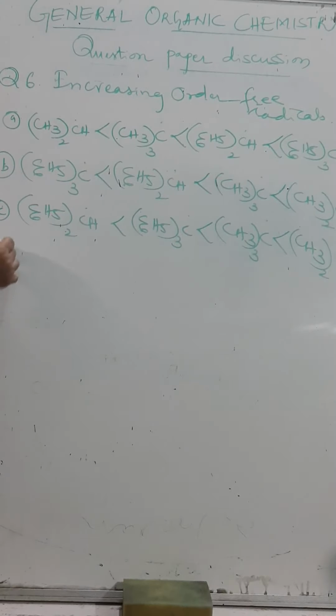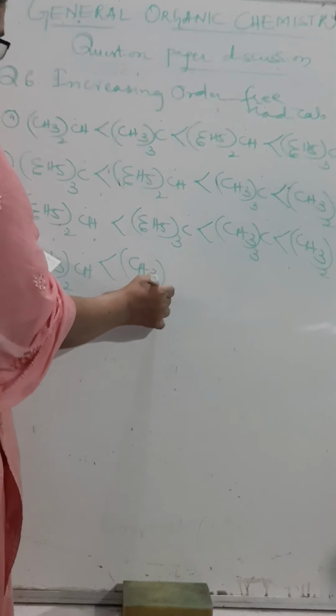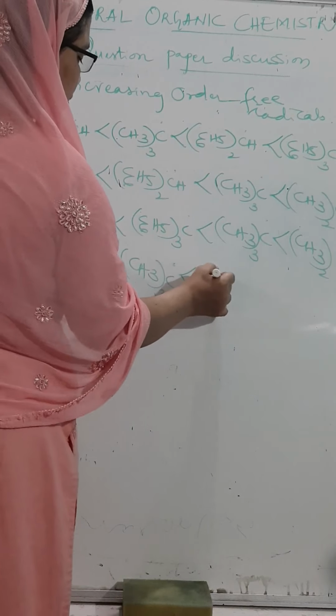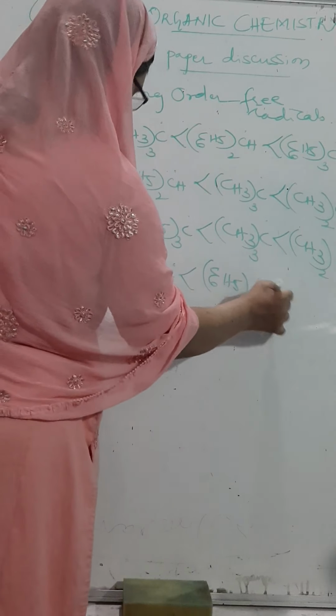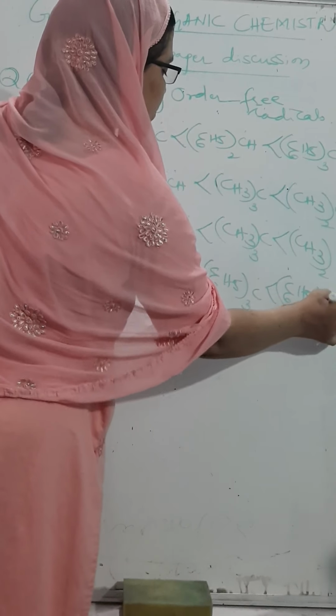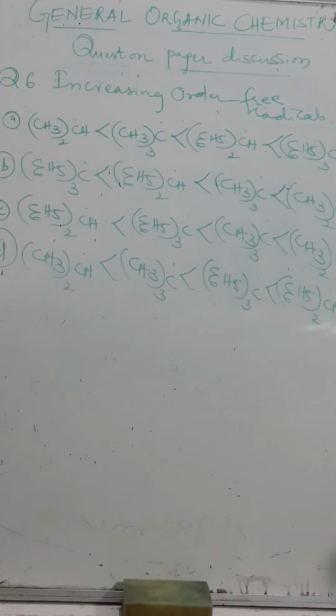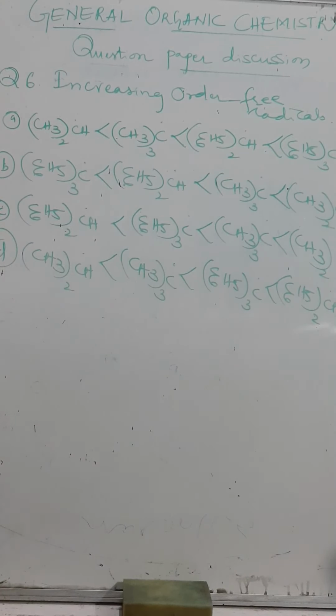Last option, fourth option: dimethyl, then trimethyl, triphenyl, then diphenyl. These four options I need to write on the board because they are given directly over here. We need to arrange them in the increasing order of their stability.